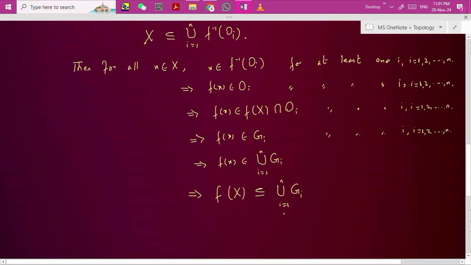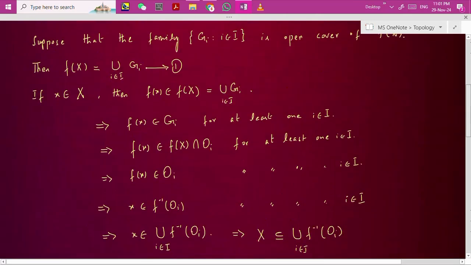So this shows that this union of gi, I from 1 to n, is a subcover for f(X), and this is a finite subcover because the gi's are finite, from 1 to n.